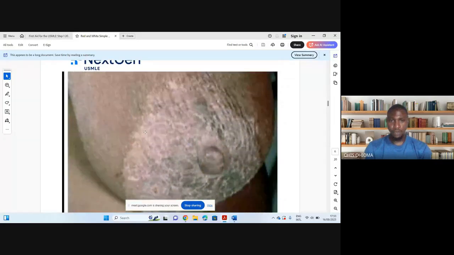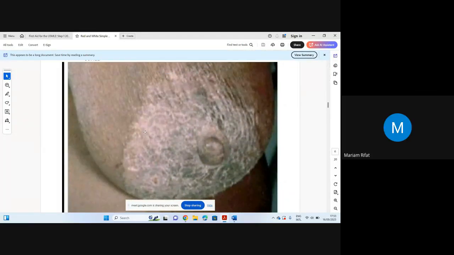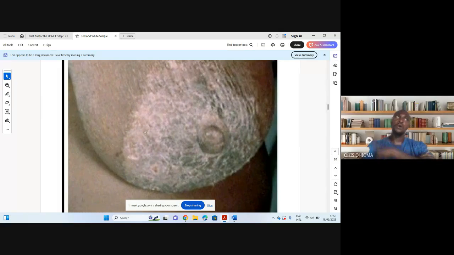Can anybody tell me what this is? Paget's disease of the breast. Now, is Paget's disease of the breast from the ductal carcinoma in situ or the lobular? Which of them?